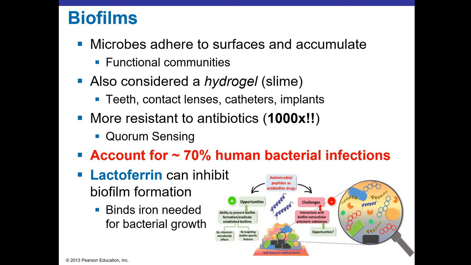Lactoferrin is going to bind iron. Bacteria, in order to grow, they need iron. It's part of that electron transport chain. So if you give lactoferrin and prevent the iron from being available to the bacteria, you can inhibit their growth and thus inhibit the biofilm formation.